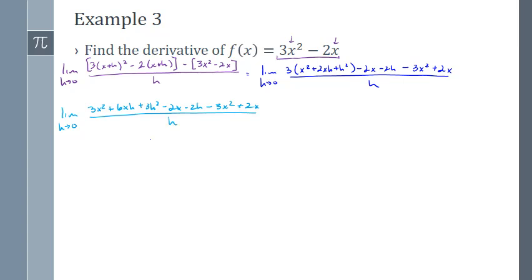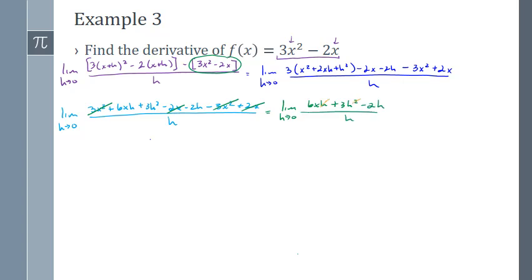And this is where it becomes important what I told you before in class: everything from the f of x part should cancel out. We see the 3x squared and negative 3x squared cancel, negative 2x and positive 2x cancel, and I'm left with the limit as h goes to 0 of 6xh plus 3h squared minus 2h, all over h.